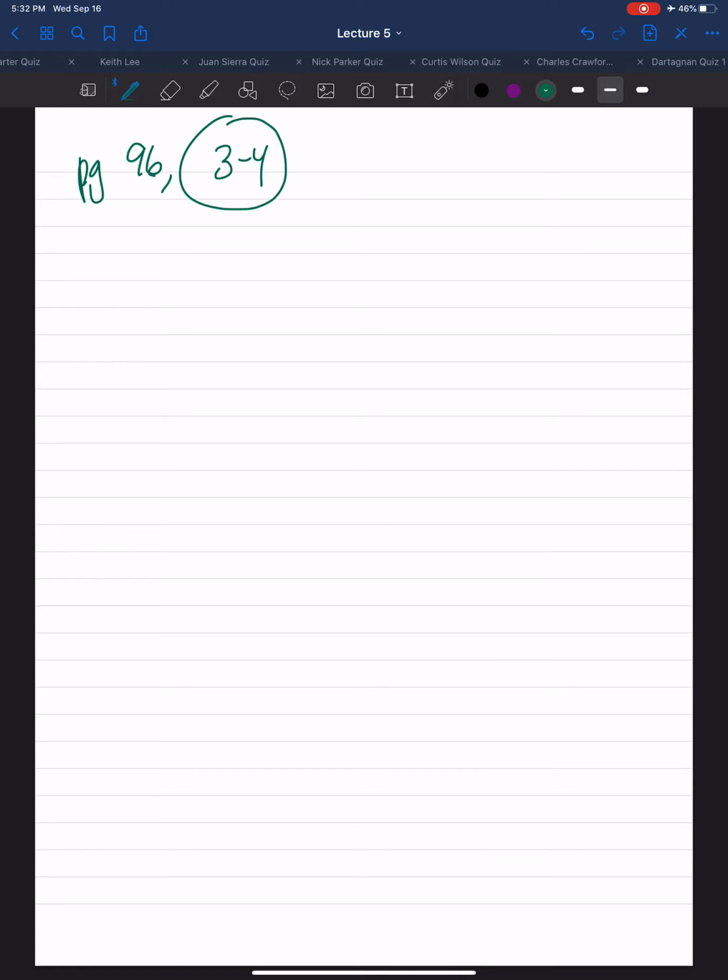So let's redraw the diagram. Okay, we got the beam. This is point A. Point A is there.